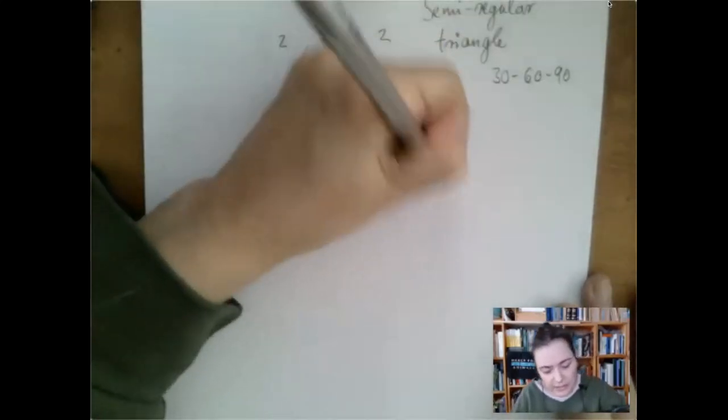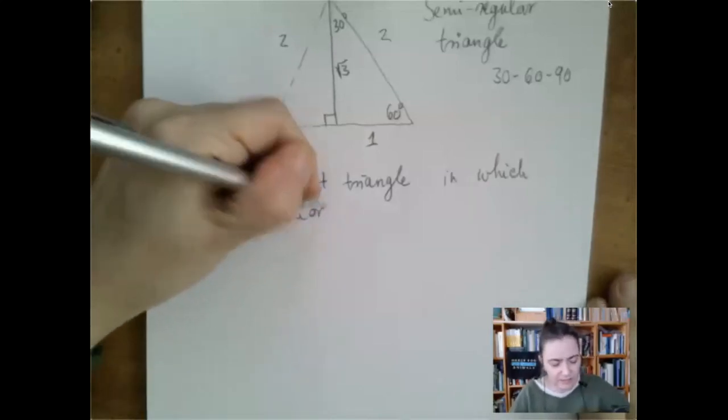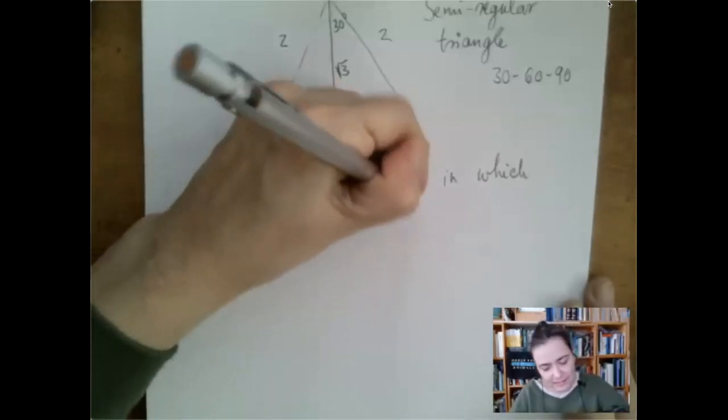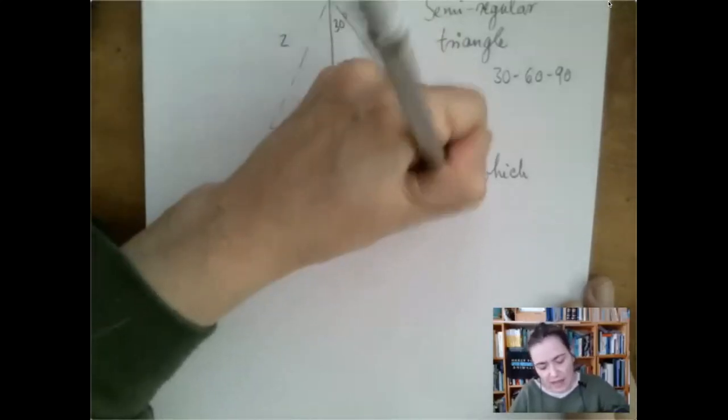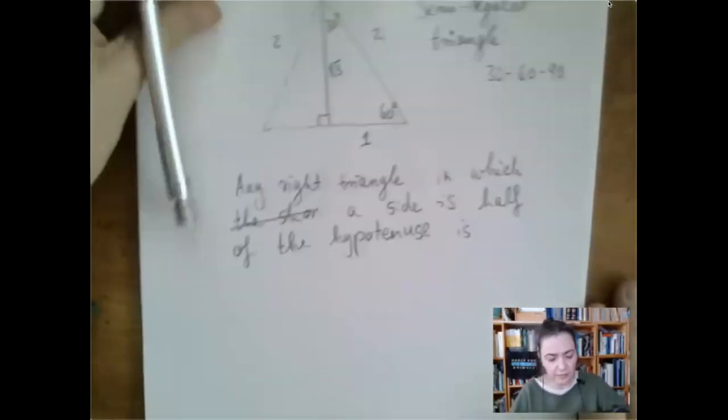Any right triangle in which a side is half of the hypotenuse is the semi-regular triangle.